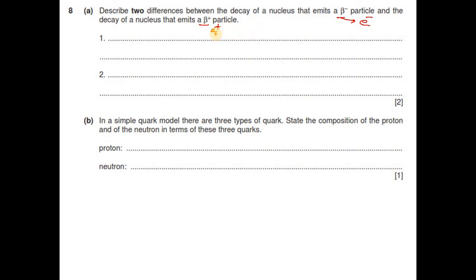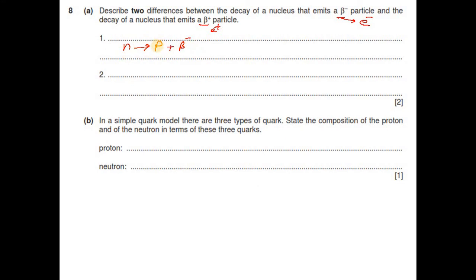So the first difference is in beta negative particle, neutron decays into proton. So neutron decays into proton along with emission of beta particle, beta negative, and this is the first difference.